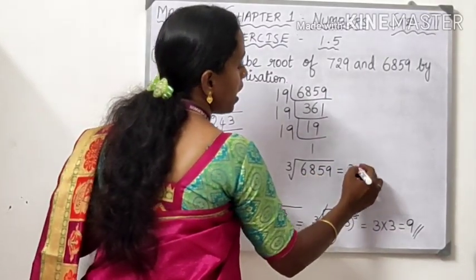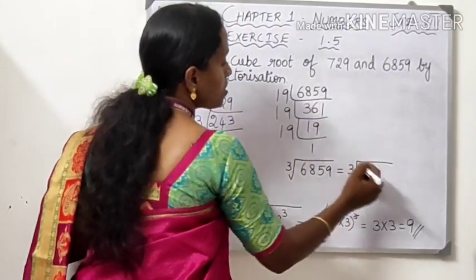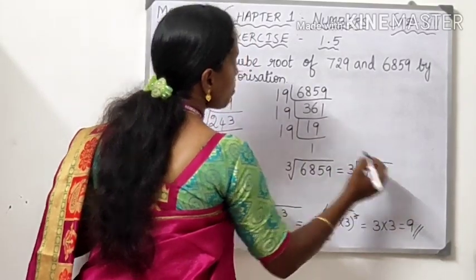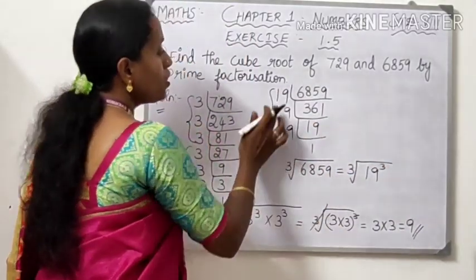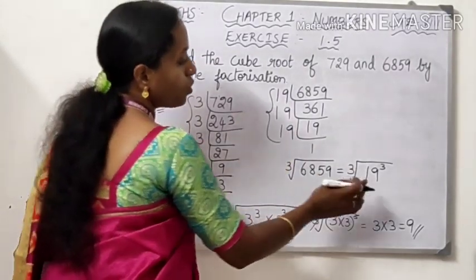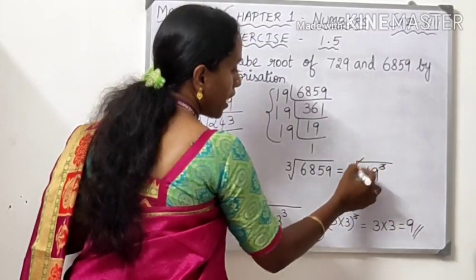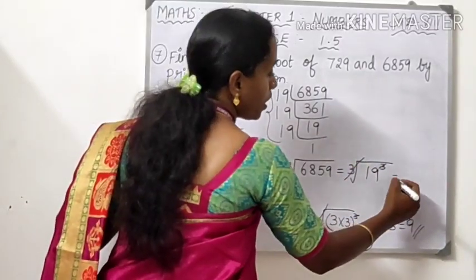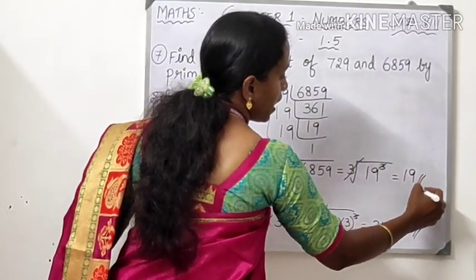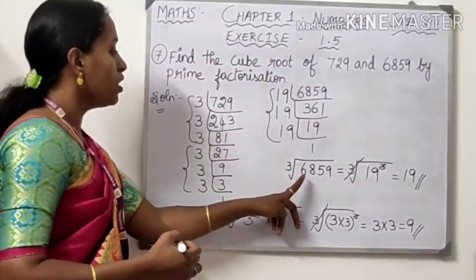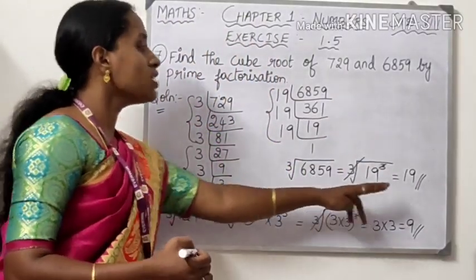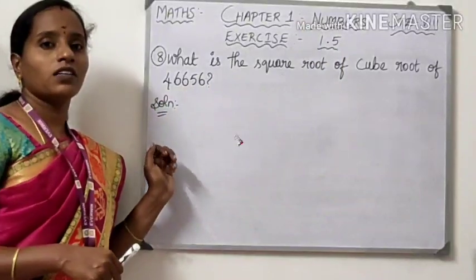You can write it as cube root of 19 power 3. So we can make it a triplet, as 19 has come 3 times. So we can write here 19 power 3. So now this cube and cube root get cancelled. You can write your final answer as 19. So the cube root of 6859 is 19.